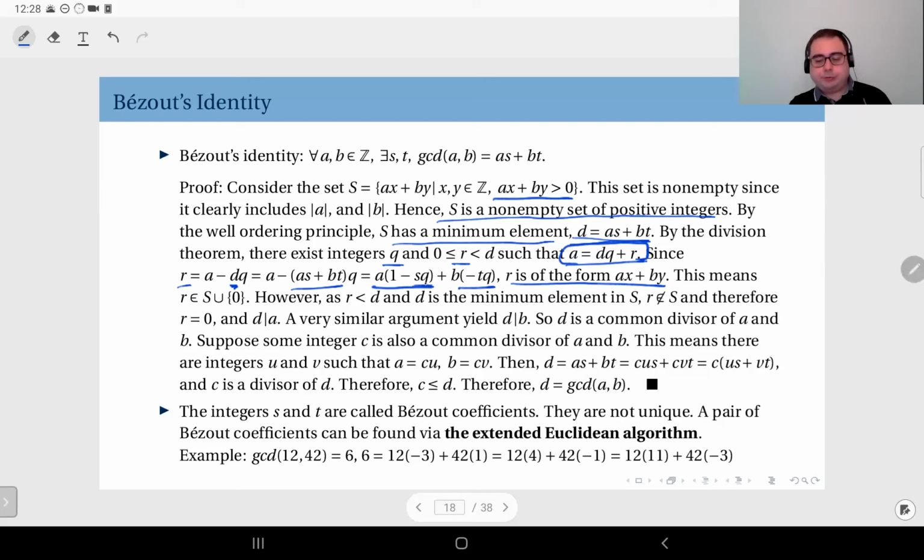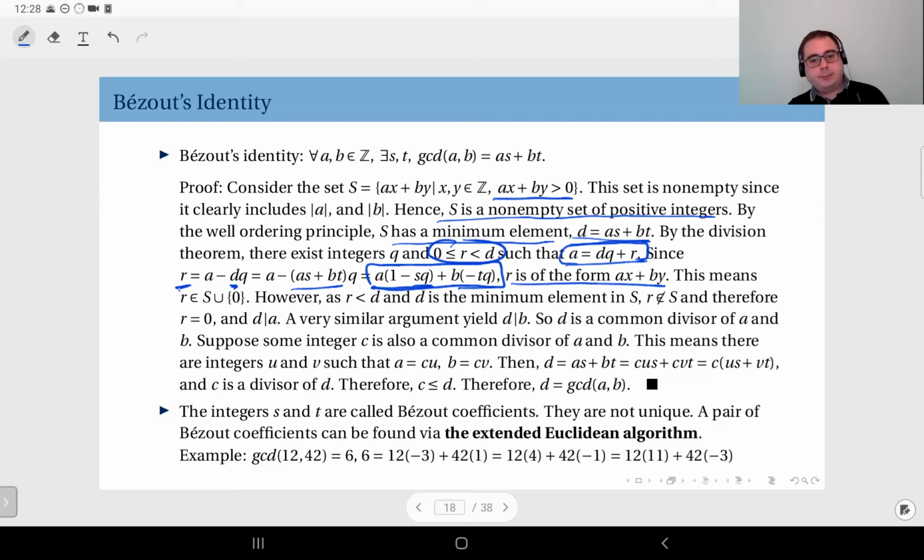Therefore, s times q is an integer, 1 minus s times q is also an integer, t is an integer, q is an integer, minus t times q, they are all integers. So this is a linear combination of a and b, which means R is a linear combination of a and b. And we have assumed that it's a non-negative number.